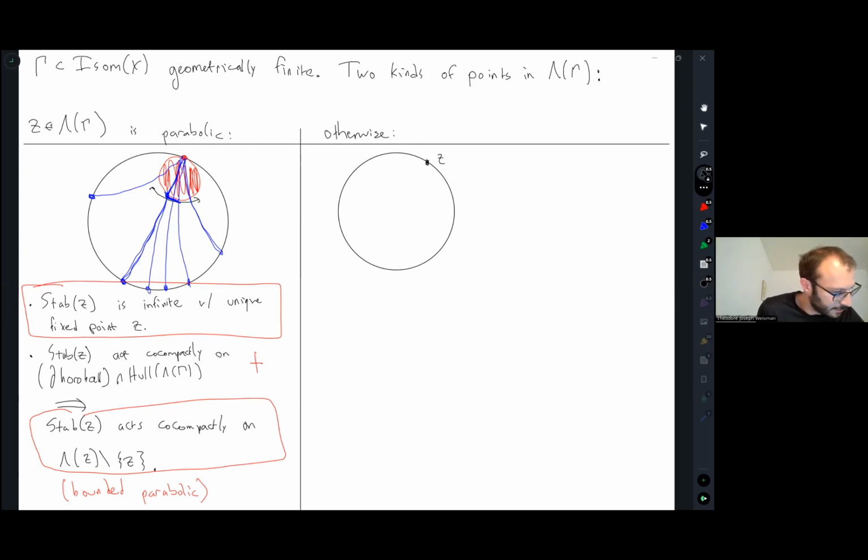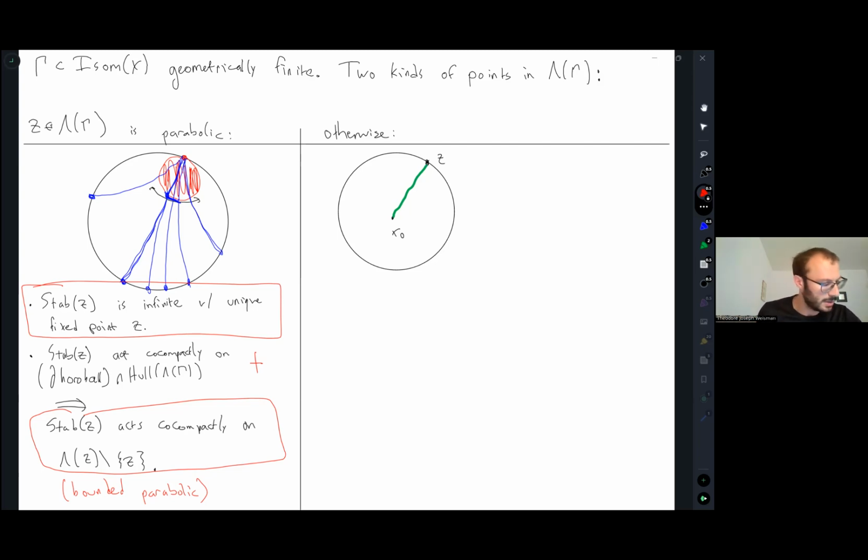What I can do is fix a base point x naught sitting inside of my space X, and draw a geodesic from x naught out to z. Now I don't know exactly what this geodesic looks like, but I do know one thing. I do know that this geodesic doesn't spend infinitely long in any one horoball, because the point z that I'm looking at is by definition not the center of any horoball.